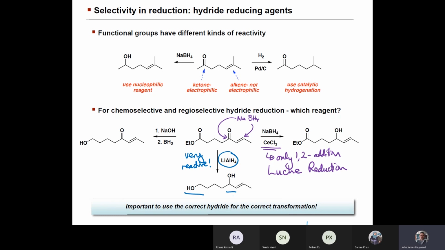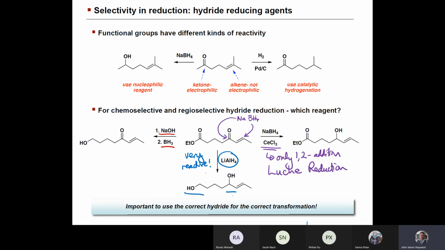Esters are inherently less reactive than ketones. But what you can do instead is first hydrolyze the ester using sodium hydroxide, and then you can react the carboxylic acid with borane.